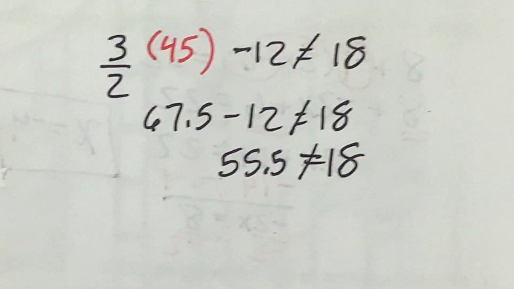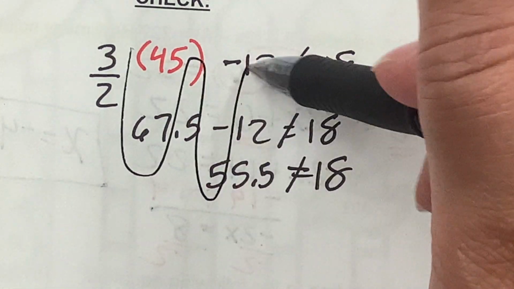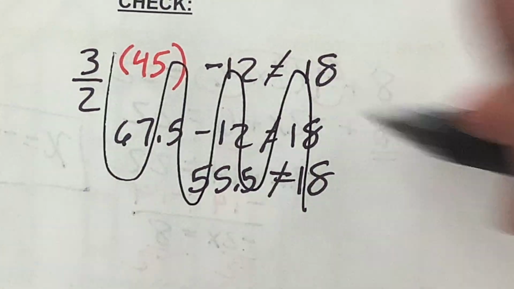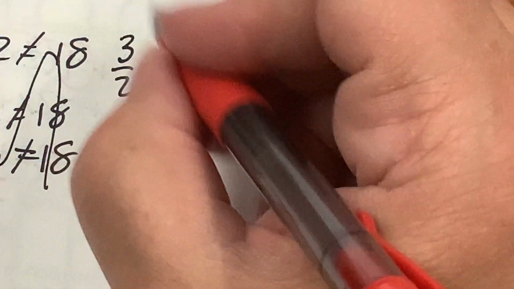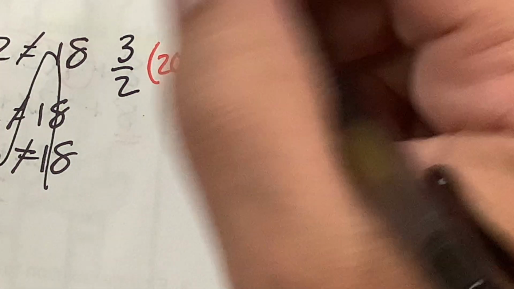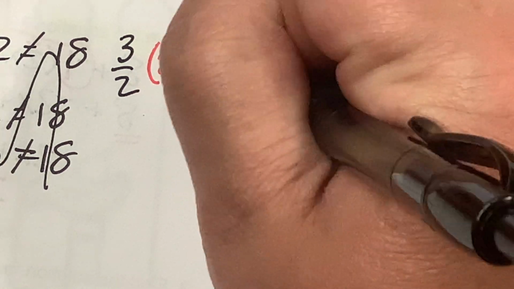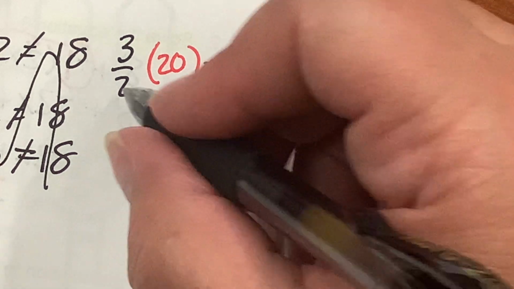So I'm going to come back here. And I'm not going to cross that out a lot. I'm just going to kind of do that. So I can write next to it the actual work. Here we go. 3 over 2 times 20 minus 12 is 18. 3 times 20 is 60. 60 divided by 2 is 30.